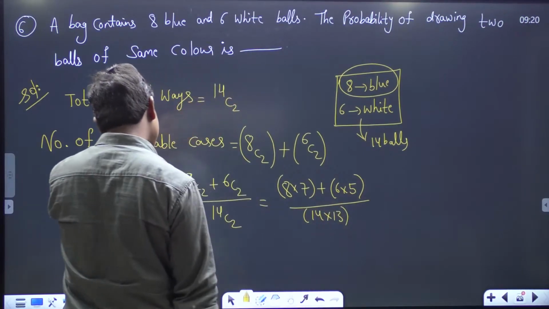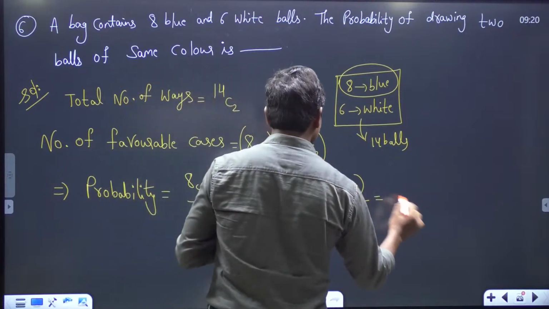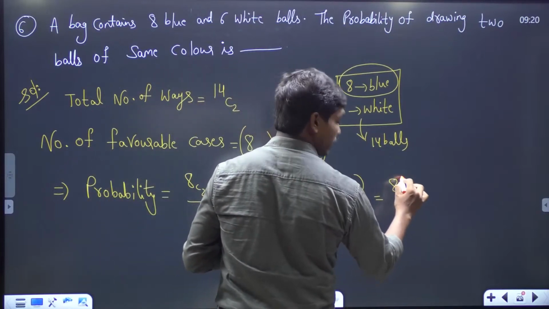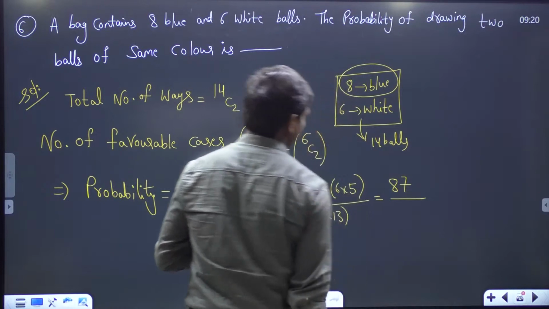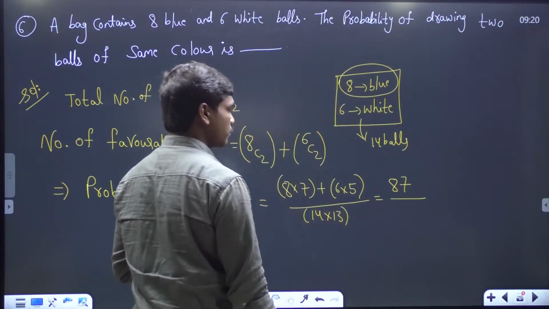If you calculate this value, 56 plus 30 is 86, divided by 14 into 13.